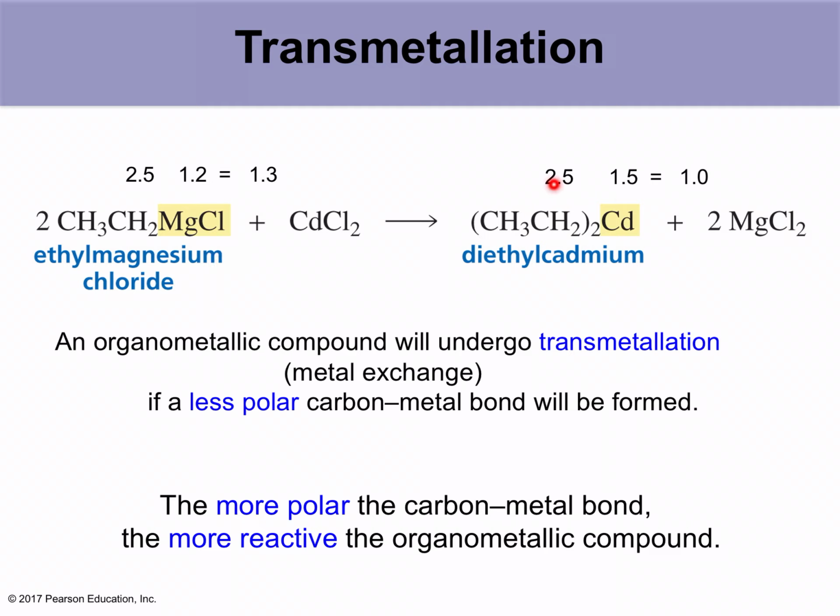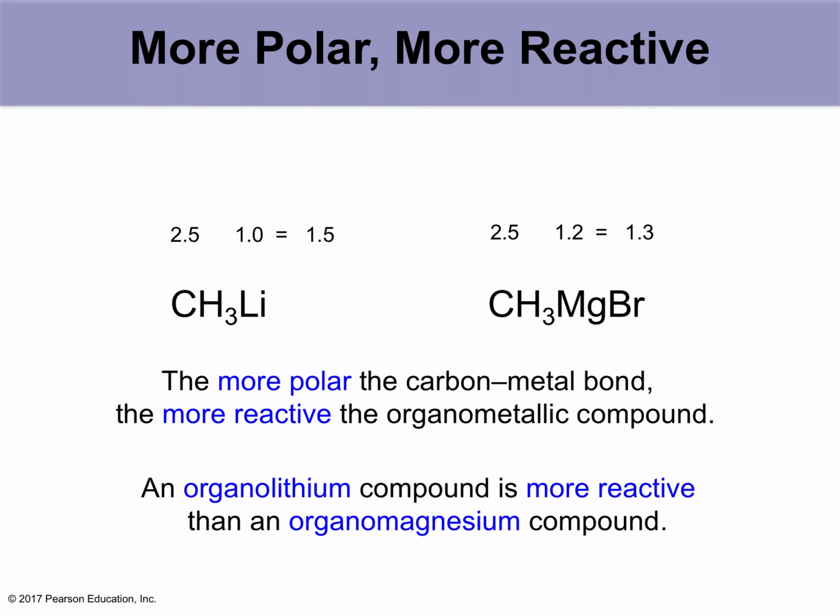But let's say you have diethyl cadmium and magnesium chloride. If you try to reverse the reaction to make the ethyl magnesium chloride and cadmium chloride, it would not happen. The reverse reaction will not take place, because the difference is less electronegative compared to the more electronegative compound. More polar means more reactive.